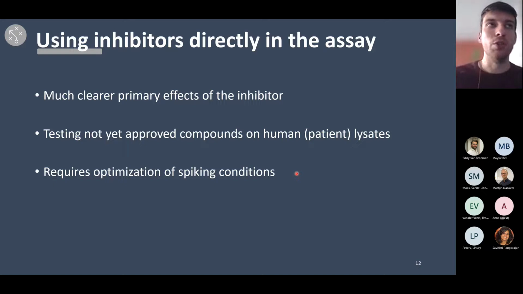This is partially due to having the kinases in a bit more dilute solution than they are in the cell. So the concentration of your inhibitor will not be directly comparable to the concentration inside the cell. But that's why we also suggest, okay, run at least one optimization experiment with just a small number of samples, maybe N=1, just to get a feel for which concentration you need to use.